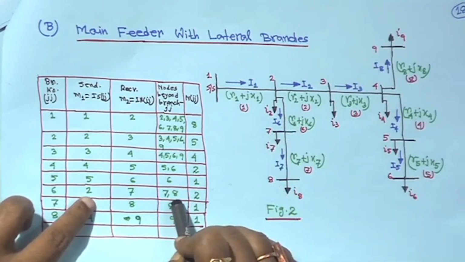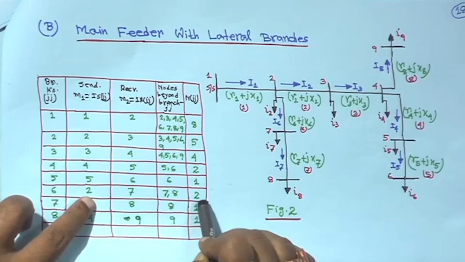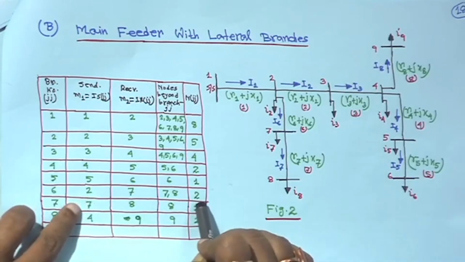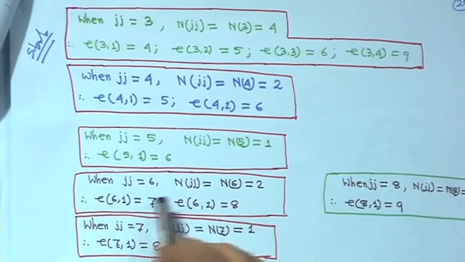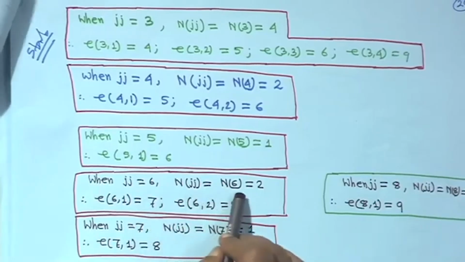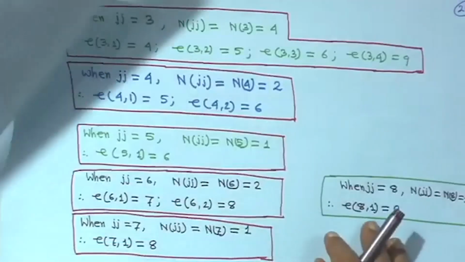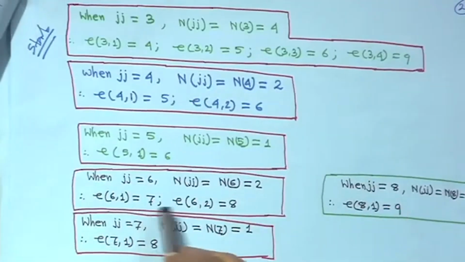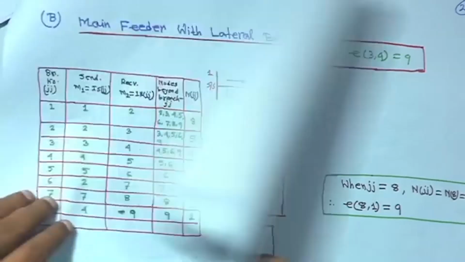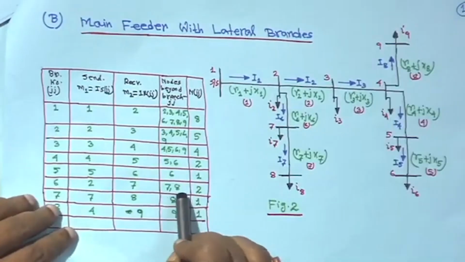Hence njj, that is n6, is equal to 2. Therefore E61 will be 7 and E62 will be 8.